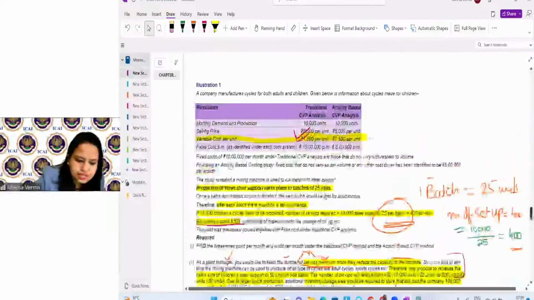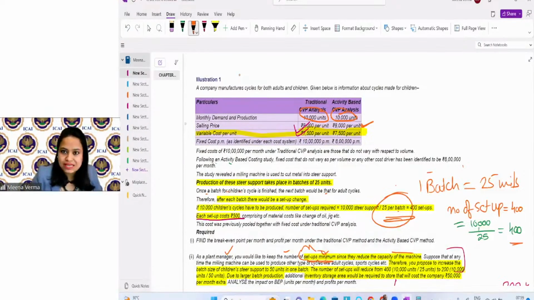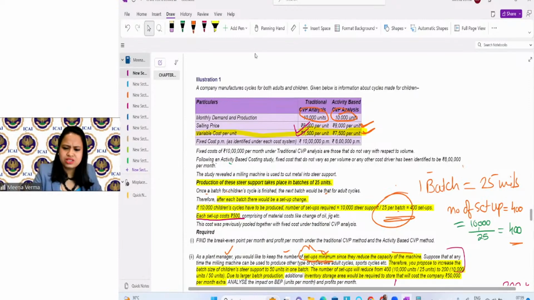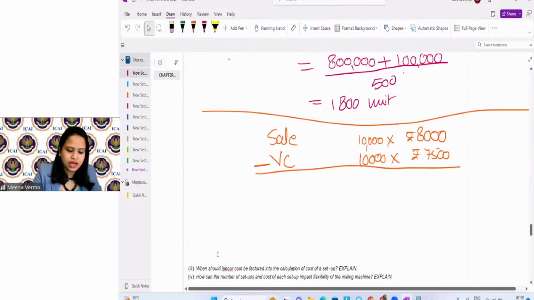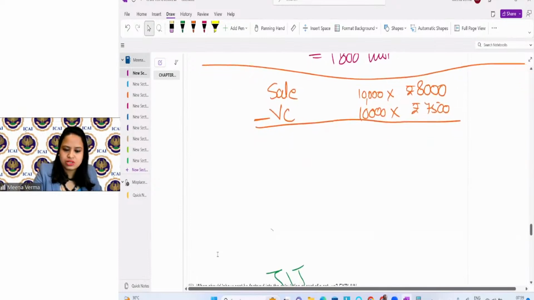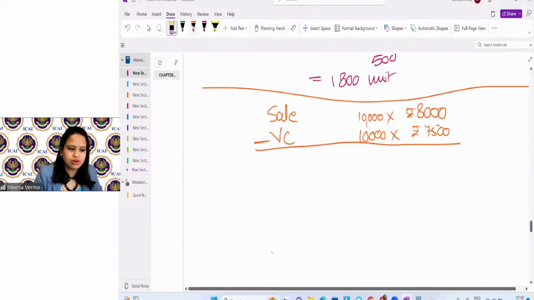In the question, they have already given that they are selling 10,000 units, the selling price per unit is 8,000 and the variable cost per unit is 7,500. So we have just taken these values. This is given in the question. All right, with this, you will get the contribution.